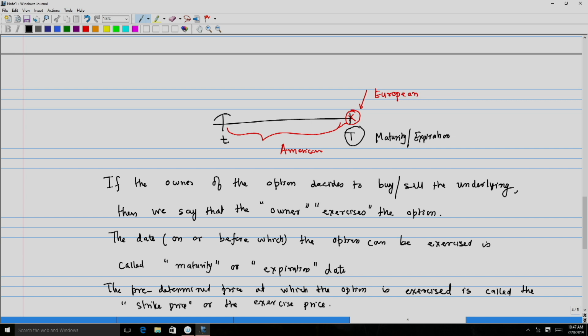So, that means that sitting at time small t, we decide that we will buy the asset for some price k, and this is what is known as strike or exercise.